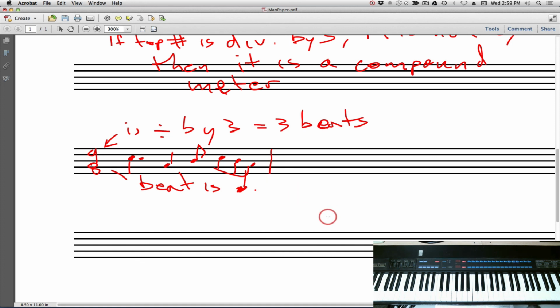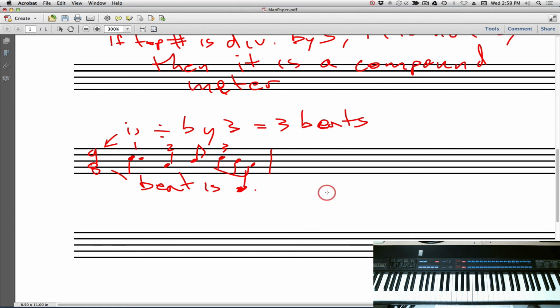The beats here, 1, 2, 3, 4, 5, 6, 7, 8, 9. And you notice that you can beam them all together within the beat. You wouldn't want to beam all those together because this is beat 1, here's beat 2, and here's beat 3. If you beamed those 4 eighth notes together, then you wouldn't be able to see where the beat is.